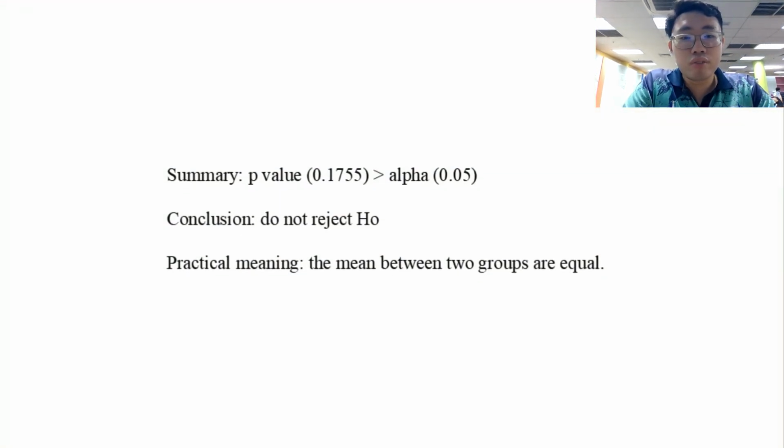Based on the output, the p-value is 0.1755, which is larger than alpha 0.05. So we conclude that we should not reject the null hypothesis H0. The practical meaning is that the means between the two groups are equal.